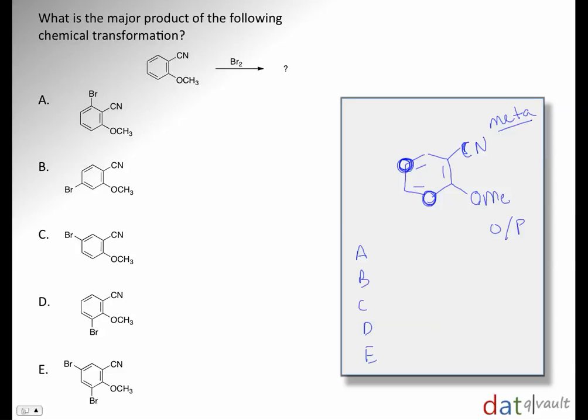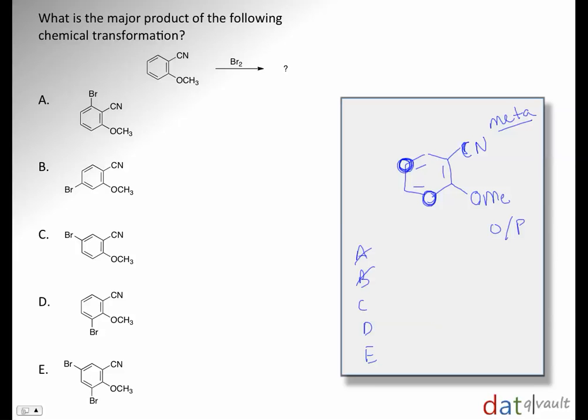So I'm going to write out the letters here and start crossing off which ones are not going to be favored. So choices A and B are definitely not going to be favored because they are in the positions on this ring that are not circled. But if we look at answer E, we notice that bromine is substituted in both of the positions that we have here.